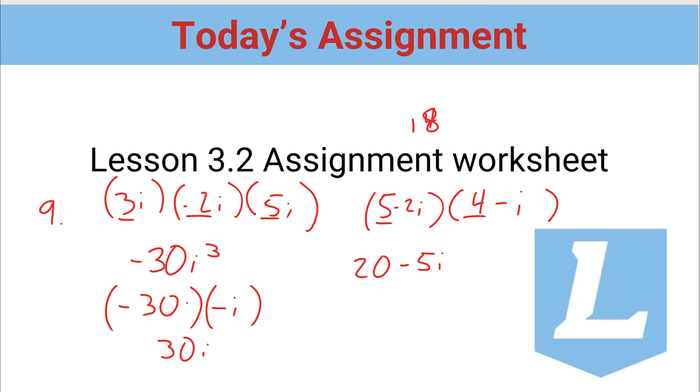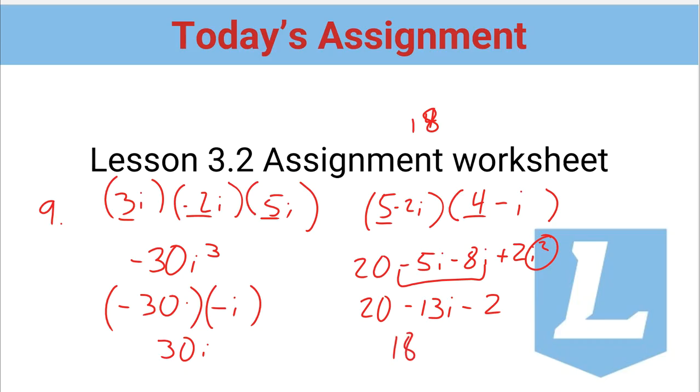Inside, negative 2i times 4, negative 8i. And then negative 2i times a negative i would be plus 2i squared. So 20, combining like terms here, minus 13i, and then i squared is negative 1, so minus 2, right? This is negative 1 times 2 is negative 2. So that would give me 18 minus 13i.